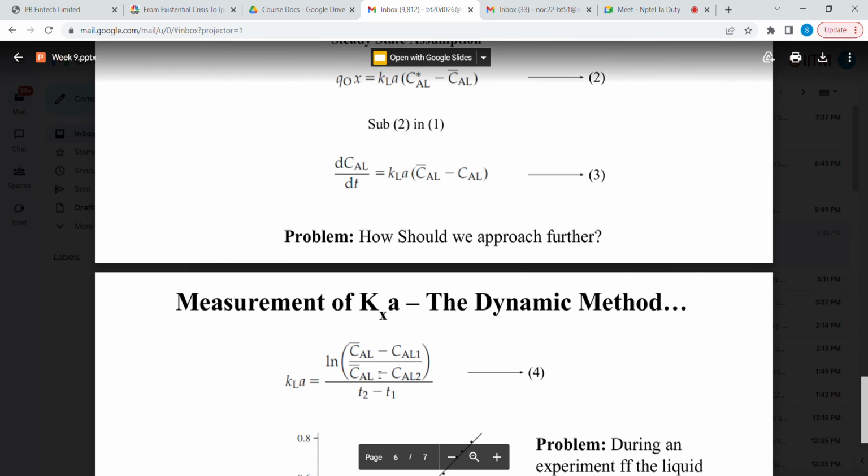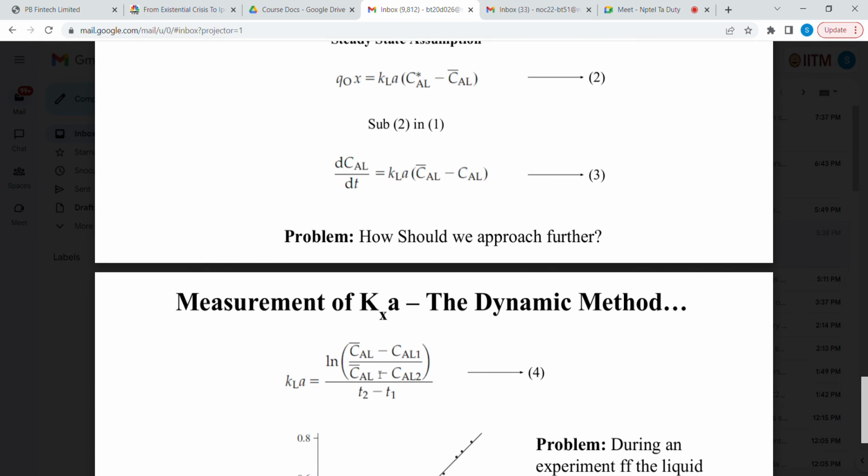I will show you this also. You can think about it. So when you rearrange it, it will become dCAL by CAL dash minus CAL equal to KLA into dt. Now what should be the assumption for integration? How will you integrate it? Integration requires some consistency in the equation, right?